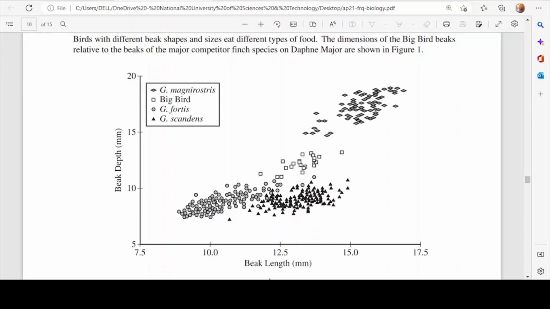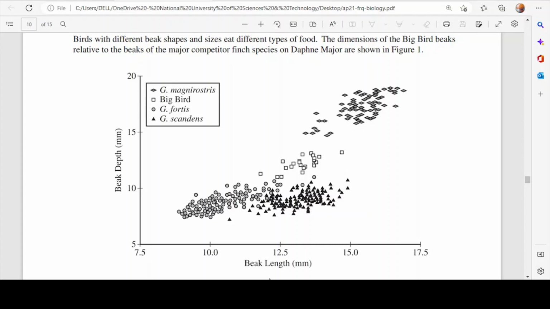The graph shows the relation between the beaks of major competitor finch species on Daphne Major and the big bird hybrid lineage. There are 4 birds in total: G. magnirostris, the big bird, G. fortis, and G. scandens. You can see the x-axis is the beak length and the y-axis represents the beak depth of each bird.